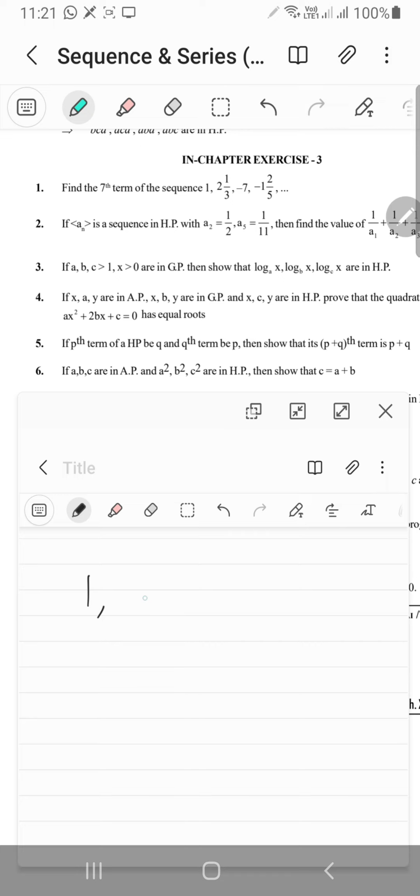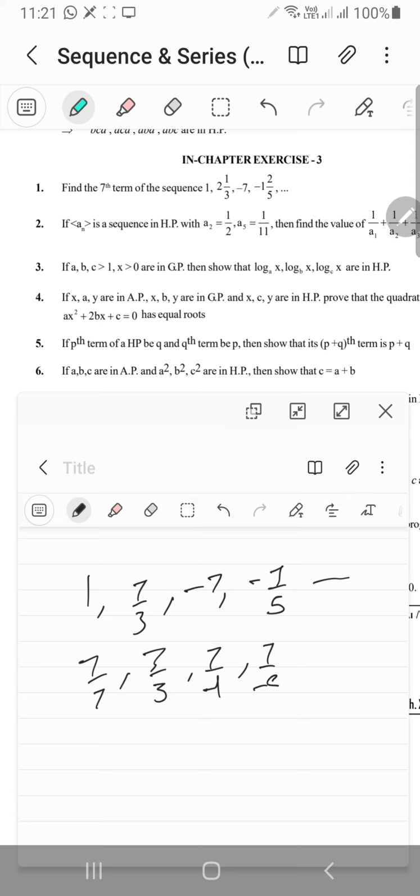This is 1, this is 7. Oh, this is 7/3. This is different. -7, and then -5. 5 plus 7 is like -7/5, so on. 7/-1, 7/-5, so on. Clearly you can see 7 to 3 it's -4, 3 to -1 is -4, so it's just an HP.